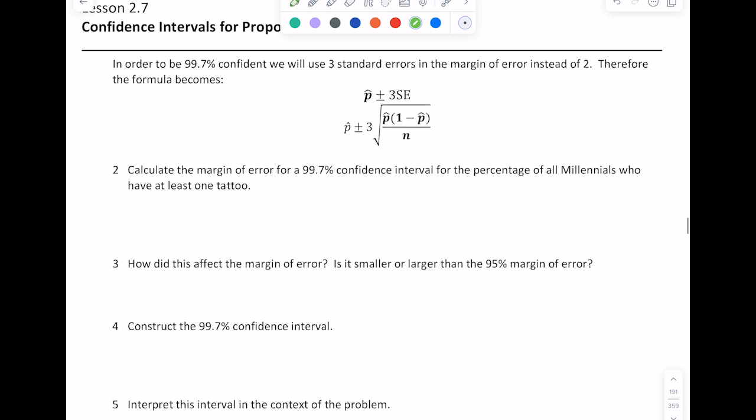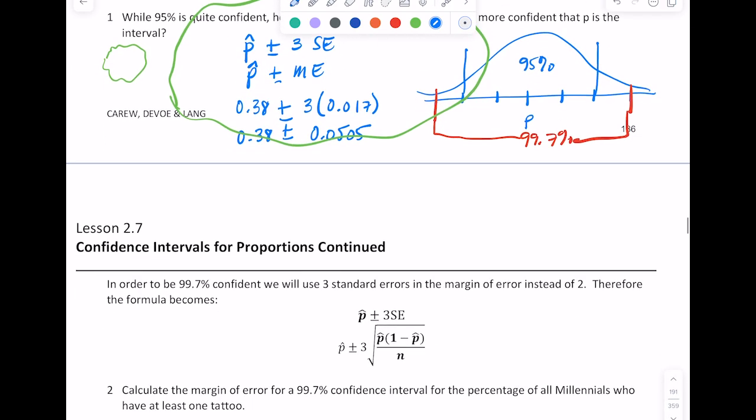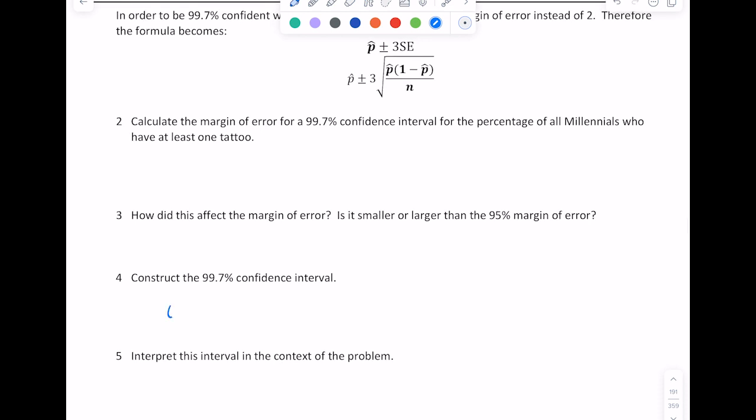Okay, so I just basically worked all of that out for you. But if you were to calculate that actual 99.7% confidence interval, 0.38 plus or minus 0.0505, the problems above this just kind of take you through the steps.